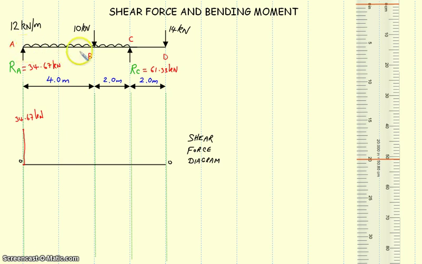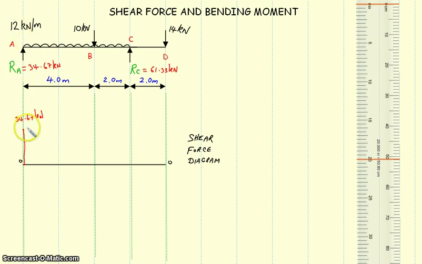As we move then from A to B, you'll notice that we have a 4 meter length of this UDL to contend with, and it is 12 kilonewtons per meter times the 4 meters, which is going to give us a drop of 48 kilonewtons.